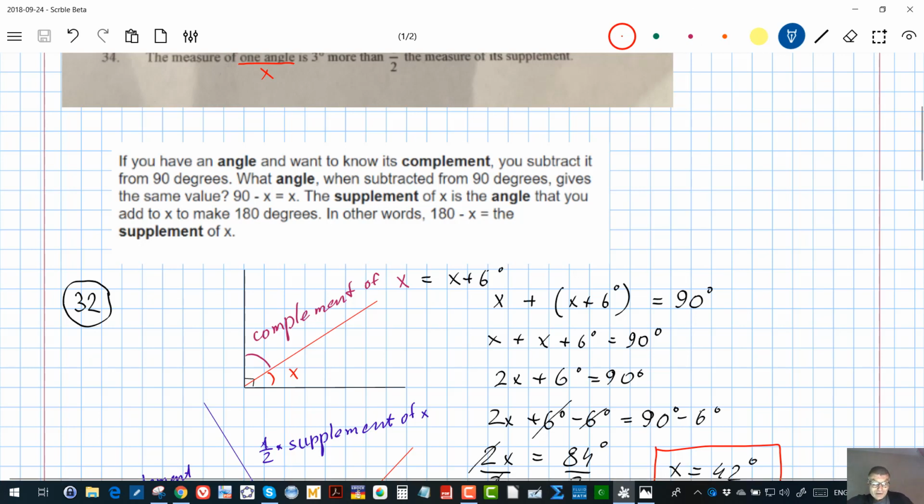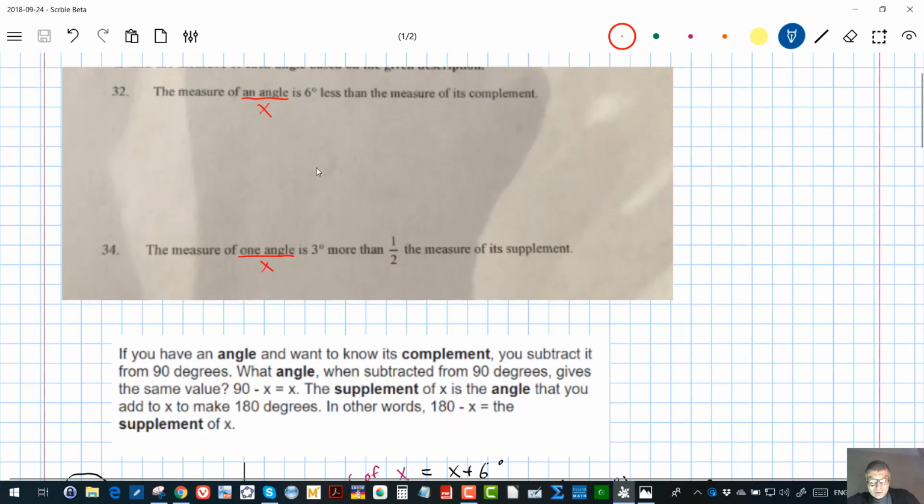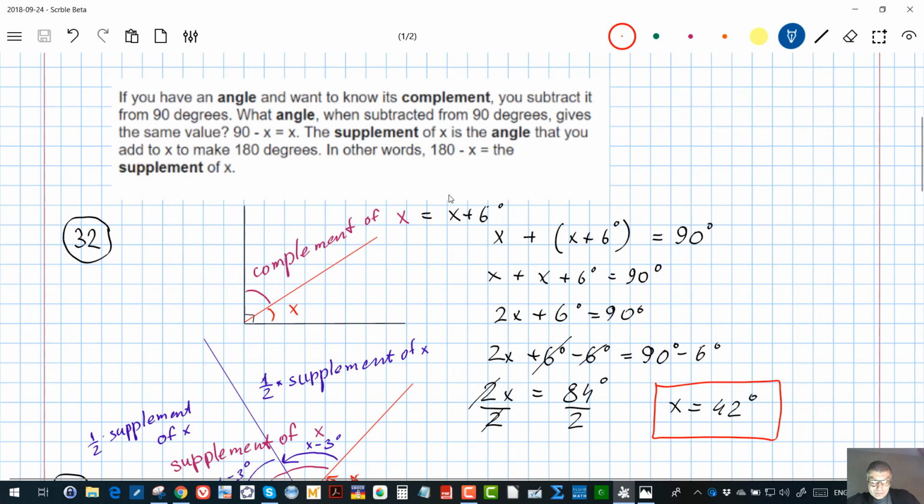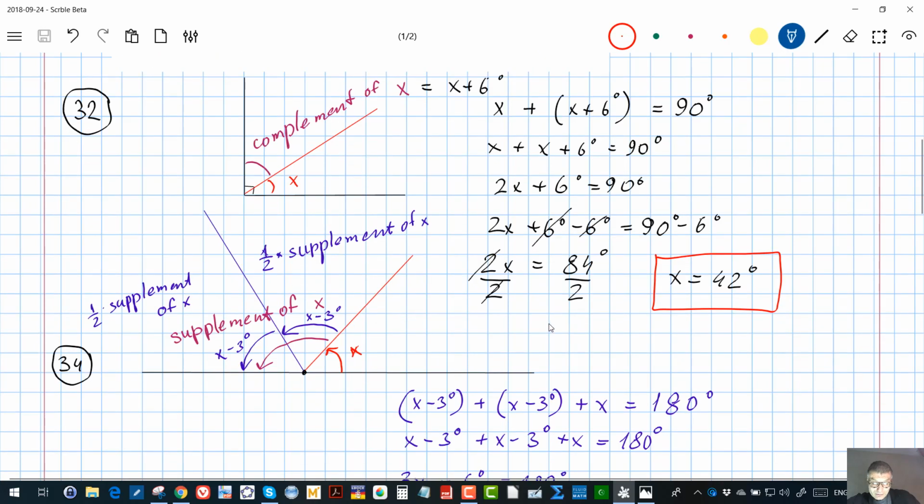For example, one angle is 6 degrees smaller than the measure of its complement, and you make an equation, and here you go.